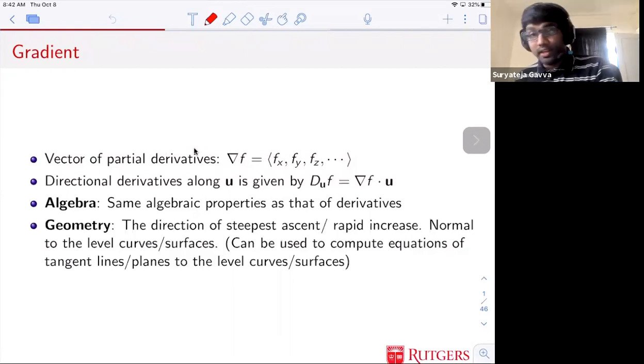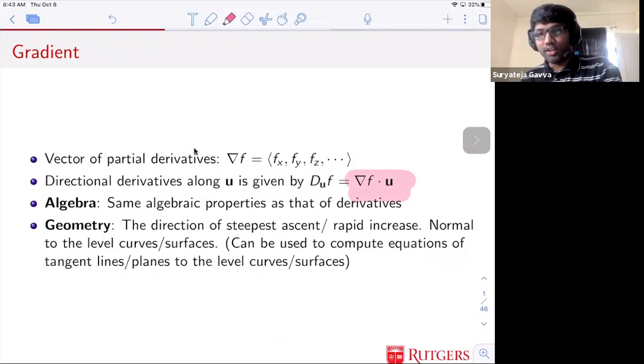One main important property is that you can use gradients to compute directional derivatives. The directional derivative along any unit vector u is just the dot product of the gradient with that unit vector. So what does that tell you?